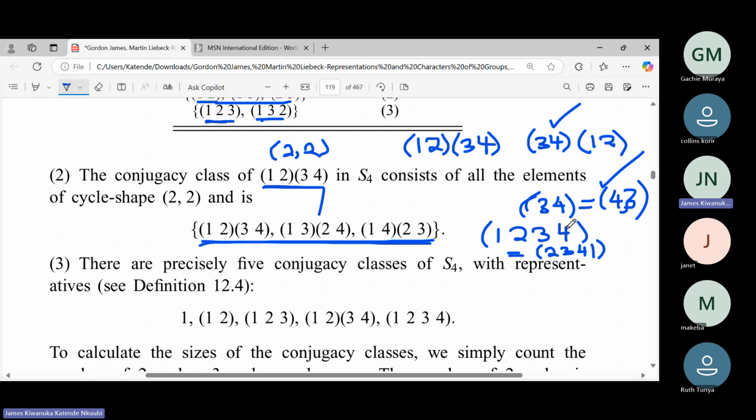I could also start at 4 and write the same cycle. So there are 4 ways to write this. The last one is to start with 3: (3, 4, 1, 2). So these 4 are exactly the same cycle. They're not different. Keep that in mind as you work with Sn.